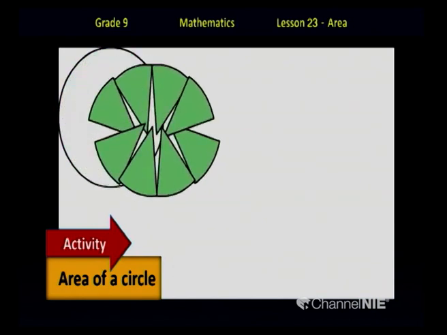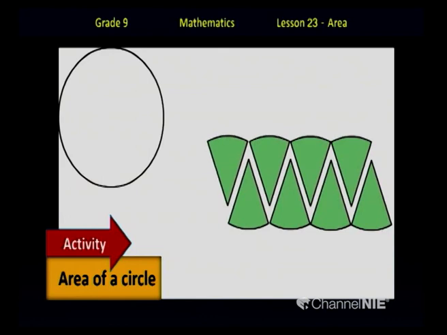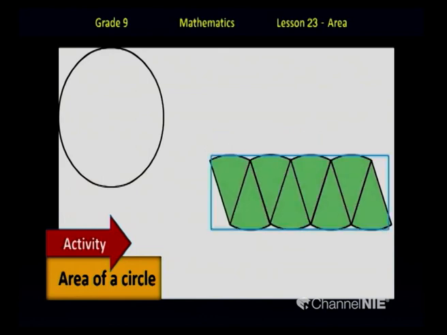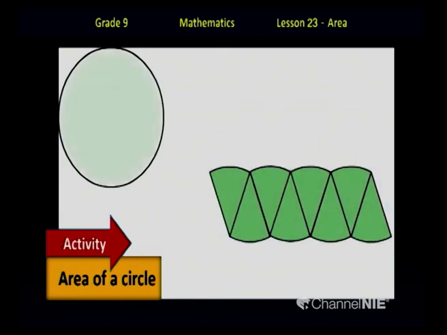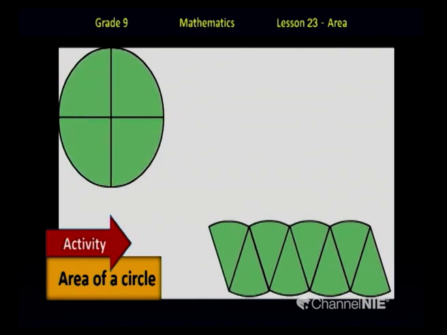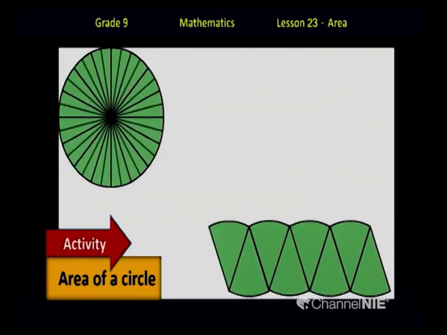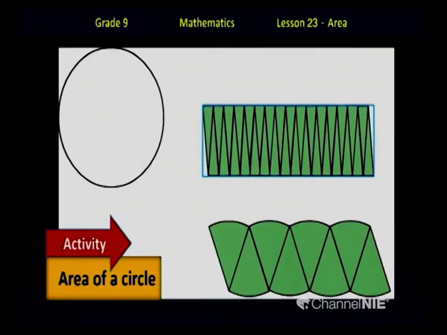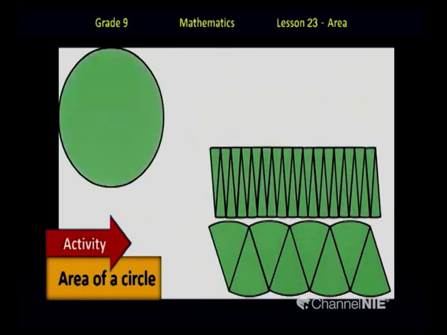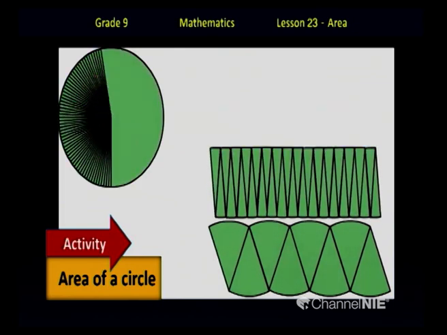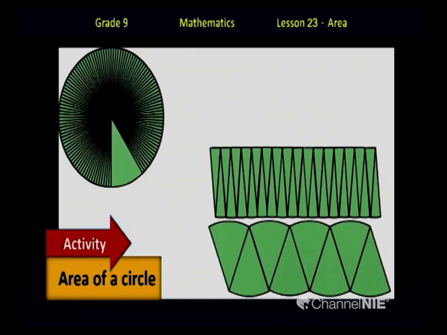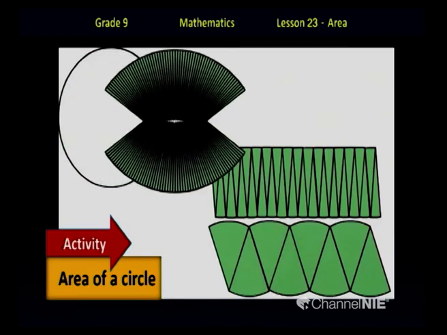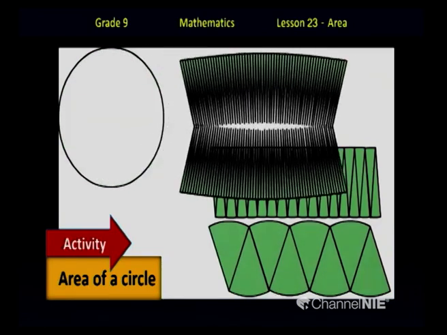The circle is divided into 8 parts and joined to form another diagram. Now the circle is divided into 32 sectors, and using all the parts in the same way, another figure is formed. Now the circle is divided into tiny sectors.